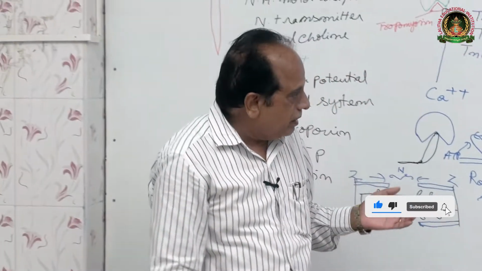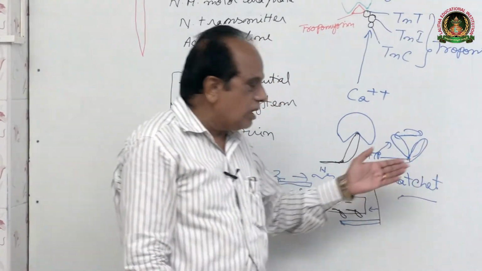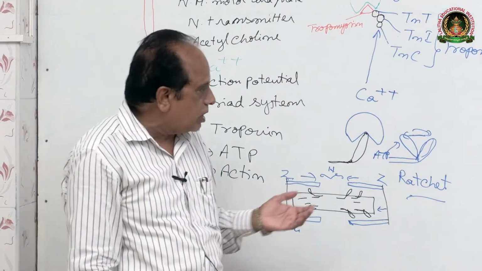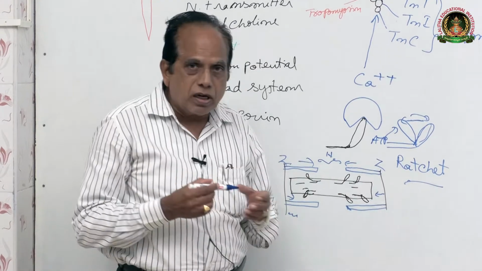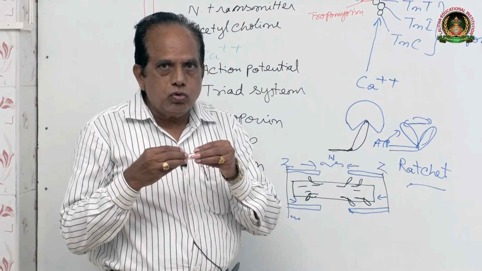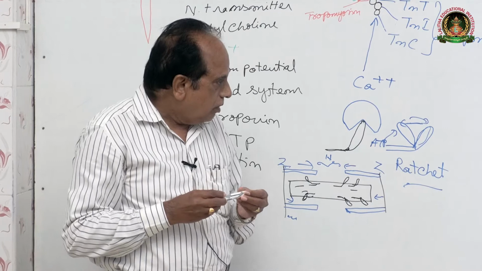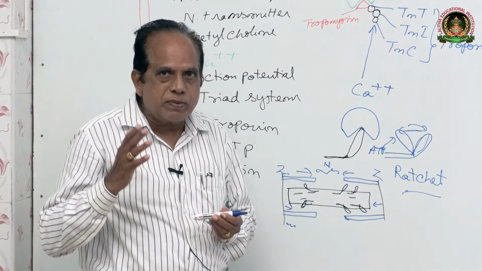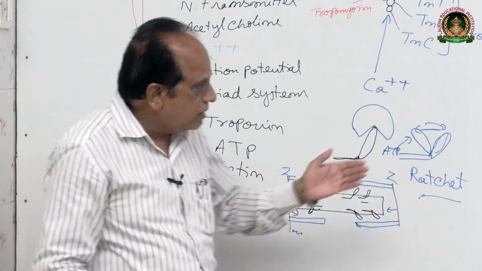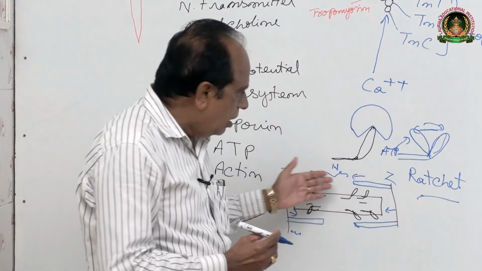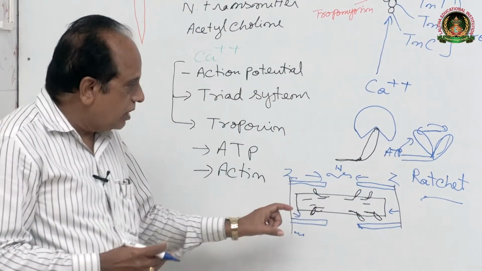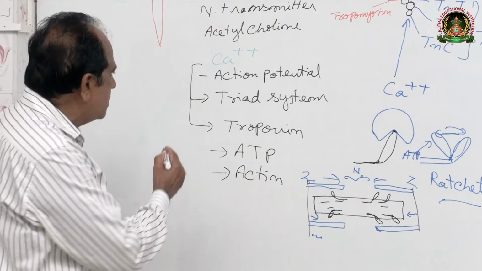Now, the combined action of these cross bridges is the ratchet mechanism, because these cross bridges move to and fro about 50 to 100 times per second, as a result of which all the actin filaments that are present around the myosin move.